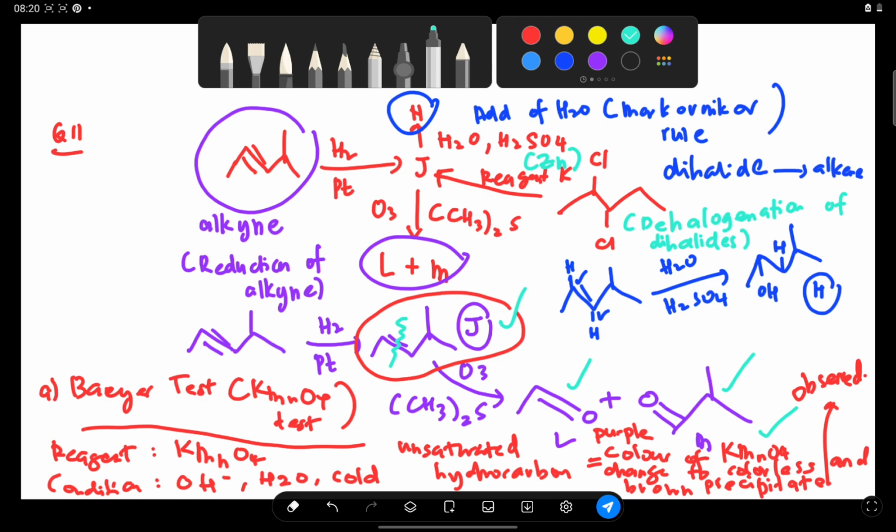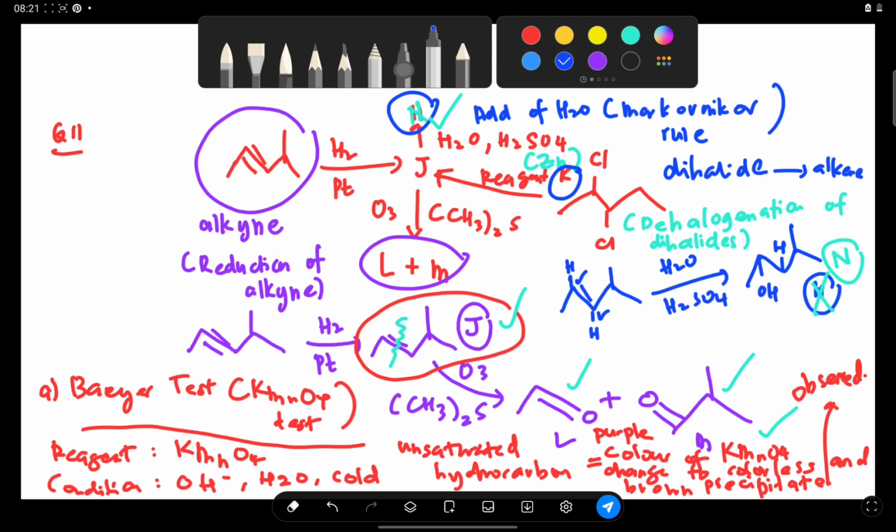Oh, here is compound N. Sorry, here is compound N. Okay. Identify reagent K and condition. This is already solved. The answer for reagent K is zinc.